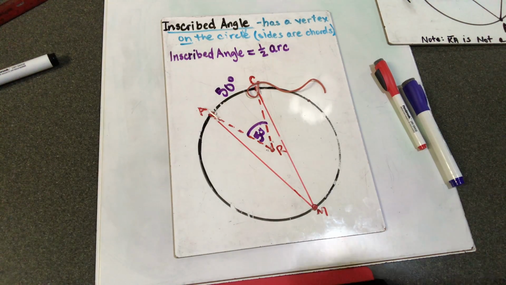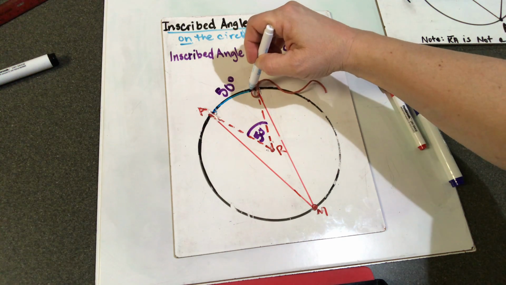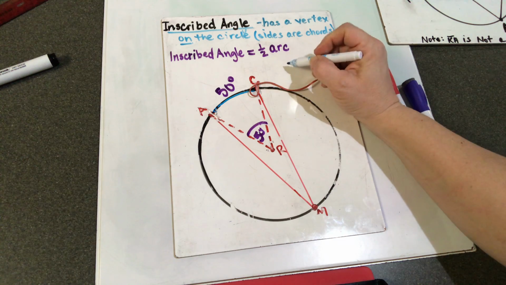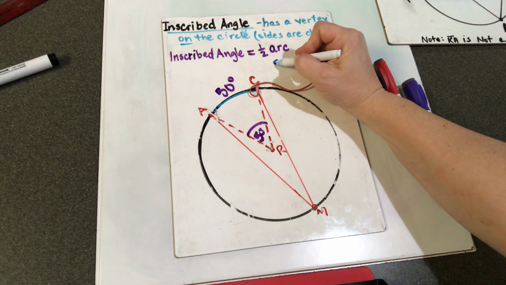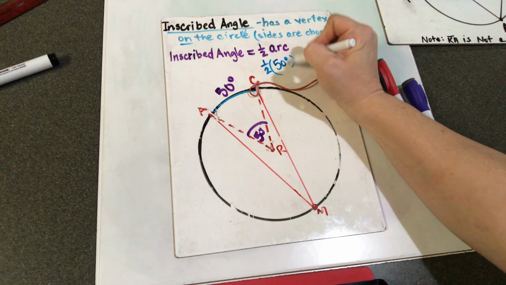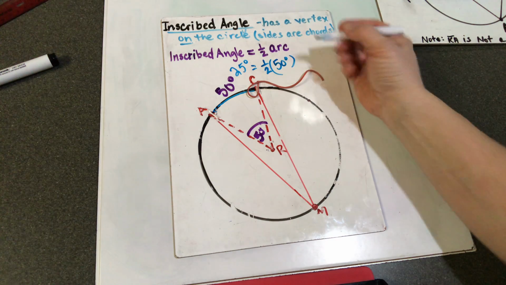Okay, so this angle that cuts off arc AC would mean that if the arc is 50 degrees and we take half of 50 degrees, then the angle measure would have to be 25 degrees.